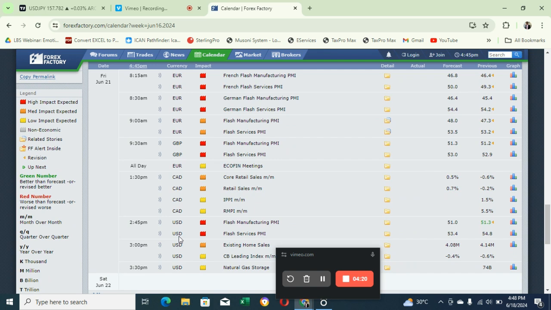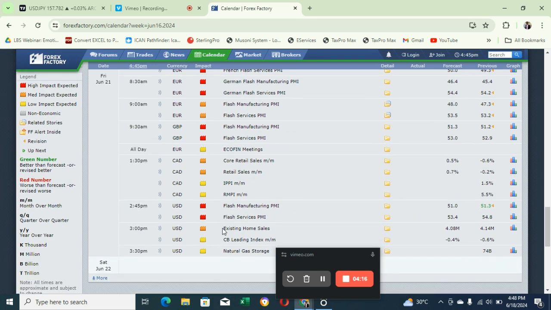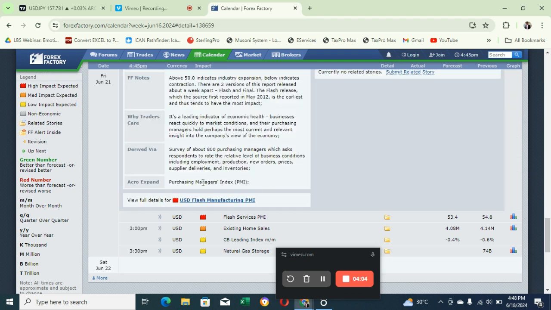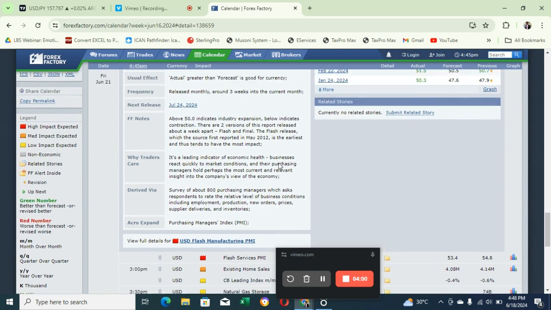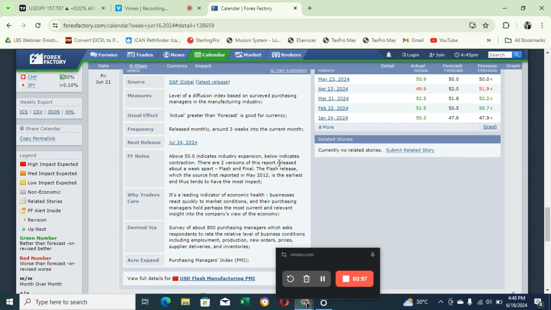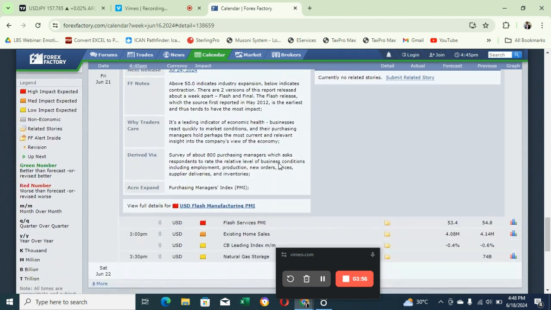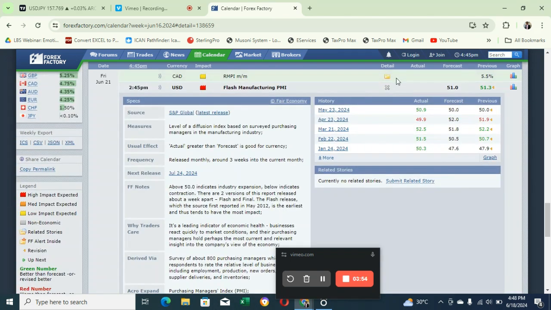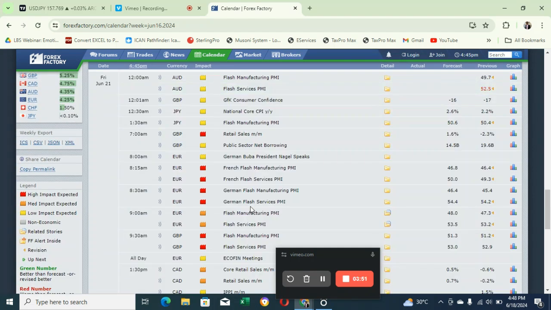And by 2:45 p.m. there's going to be a PMI, the purchasing manager index, so you can call it manager or manufacturing index. It's going to have impact on the economy on Friday.